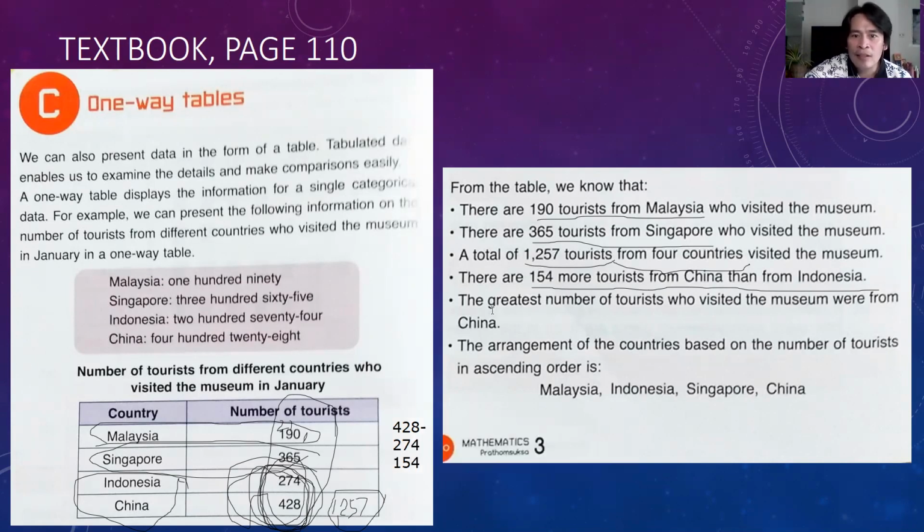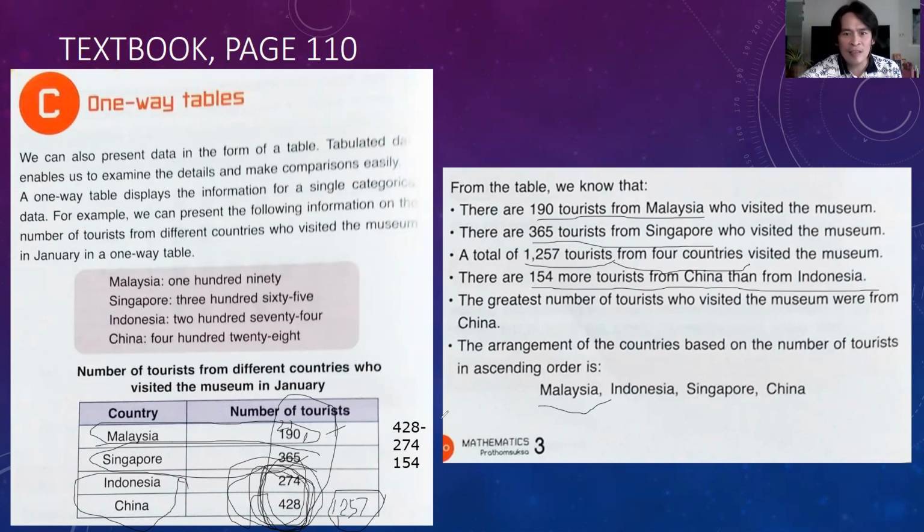Next, the greatest number of tourists who visited the museum were from China. Let me see. Correct. And then the last information. The arrangement of the countries based on the number of tourists in ascending order is Malaysia first, 190.